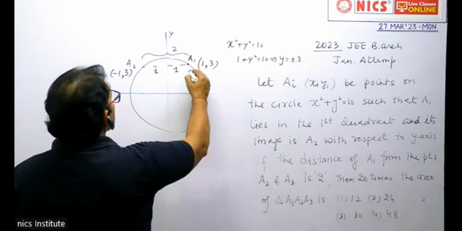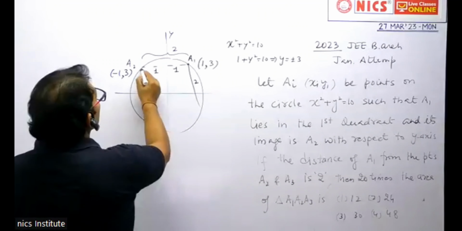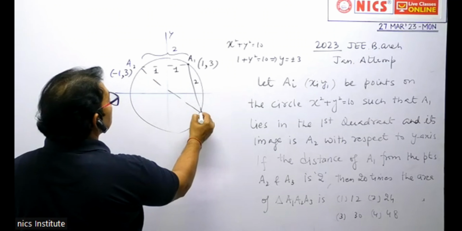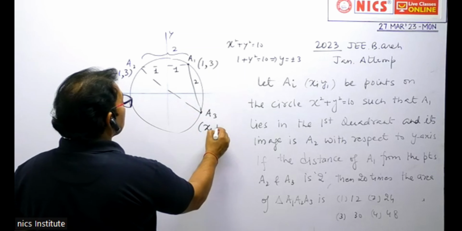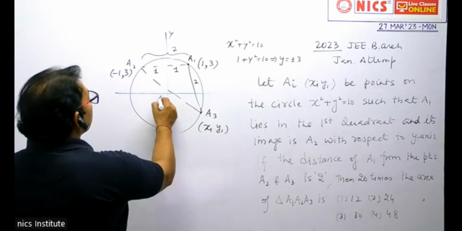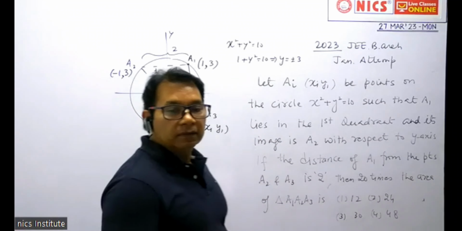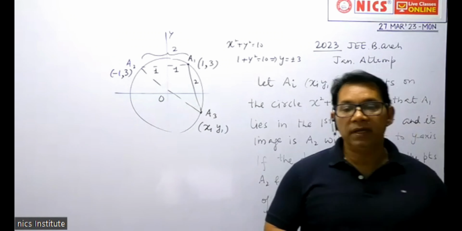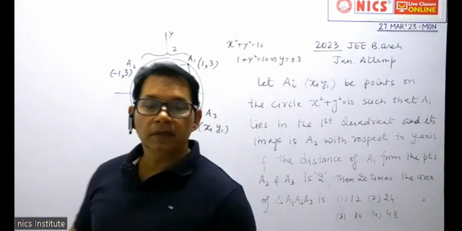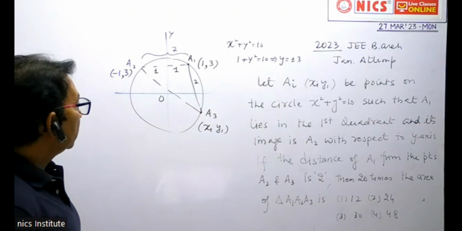The third point is in such a way that this is also 2 and this is the triangle. So this is A3 and this point has coordinates x1, y1. You need to find first the area of the triangle A1, A2, A3 and then multiply by 20.